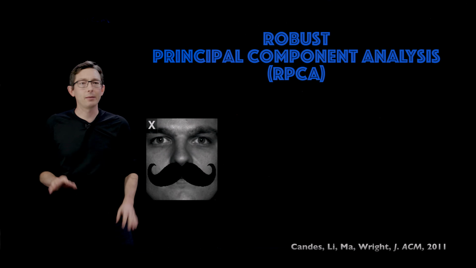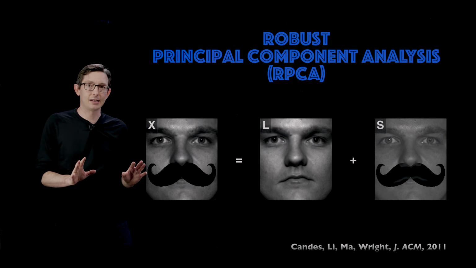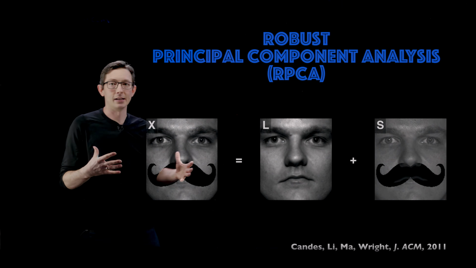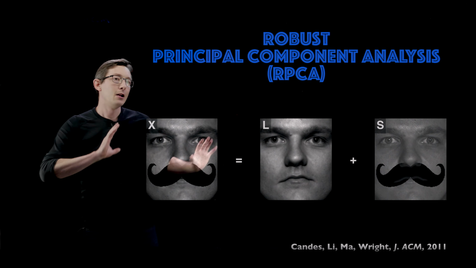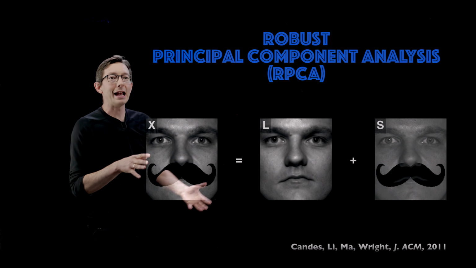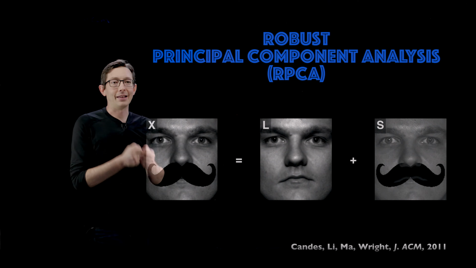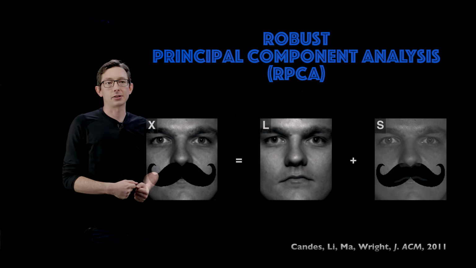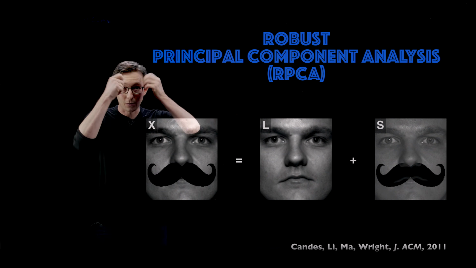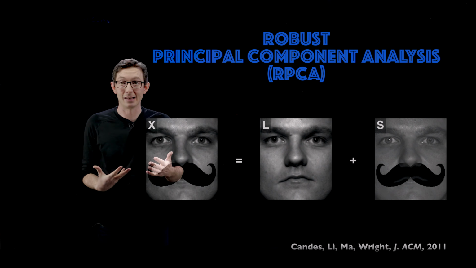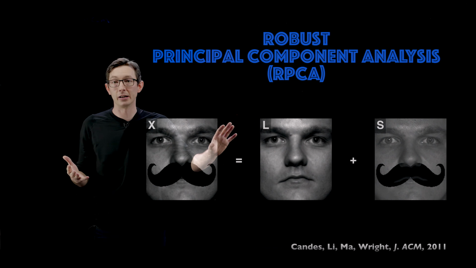Just as a hook to get you interested and to get through the math, here is the basic problem. What if we had a picture of a person? We knew it was a person, but it had a big, funny mustache. Or maybe the person was wearing a hoodie or trying to disguise themselves and hide from some security camera.